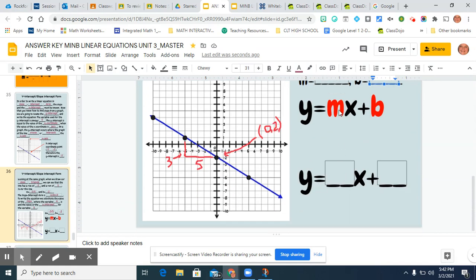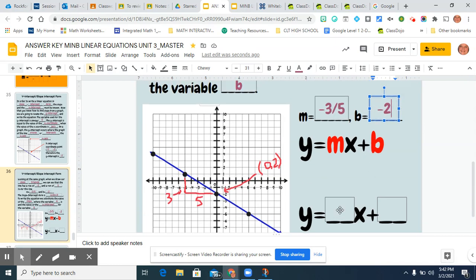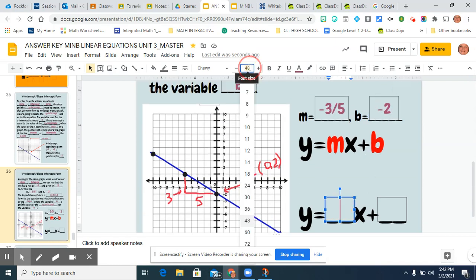So for the equation, I simply take out the m and the b and substitute in the values I know for them.